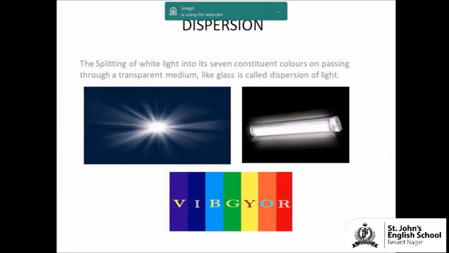Now let us see dispersion of light. The world is full of colors. You must have seen the colors of the rainbow. Where do these colors originate from? Some flowers have bright colors. Butterflies and peacocks have attractive colors. The sky is blue.